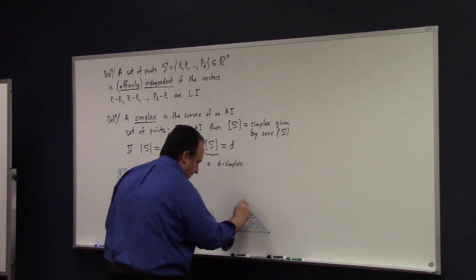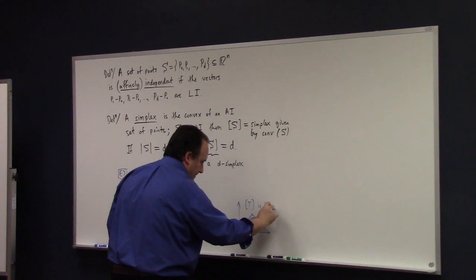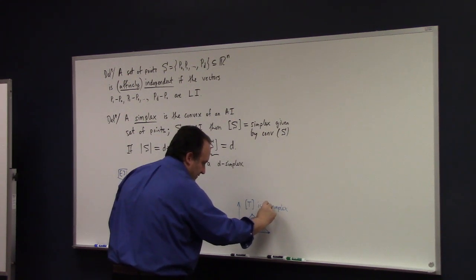So this T is a 2 simplex. It's generated from 3 independent points.